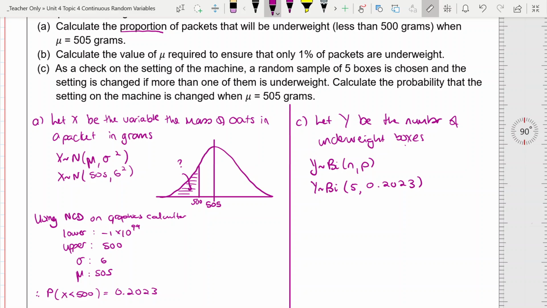So 0.2023. So now on our calculator, we're not using NCD anymore. We're using BCD on our graphics calculator. And our lower value, we calculate the probability that the setting of the machine is changed, and they're looking for the setting is changed if more than 1.